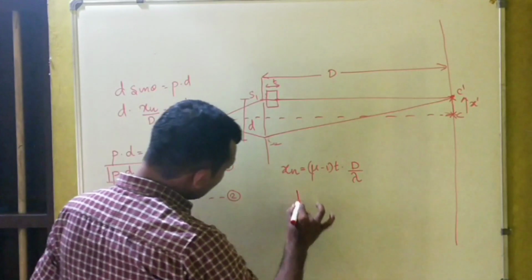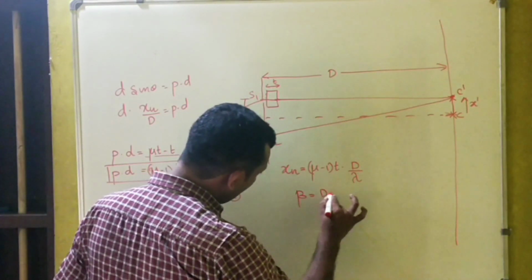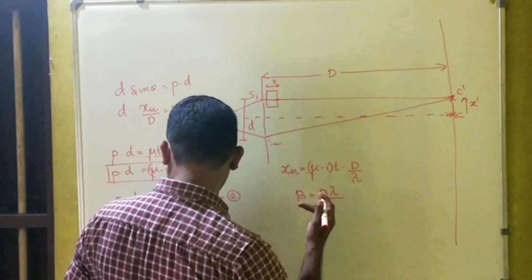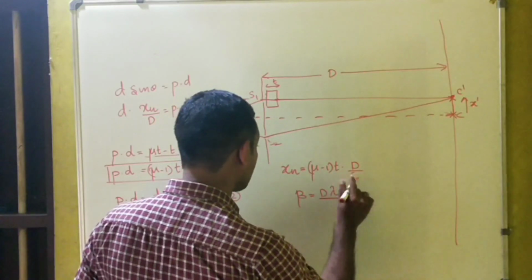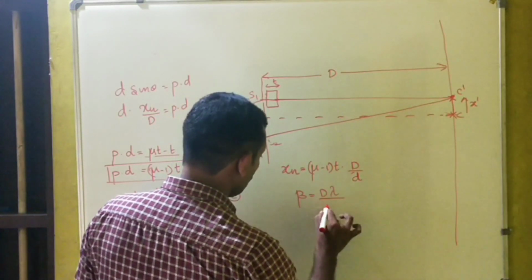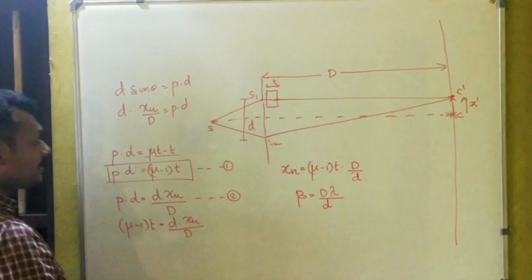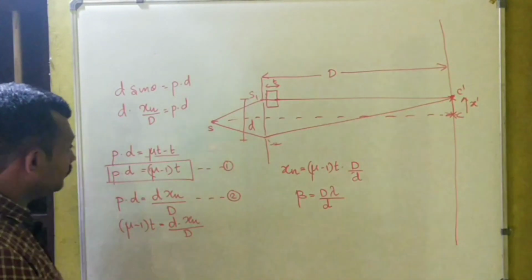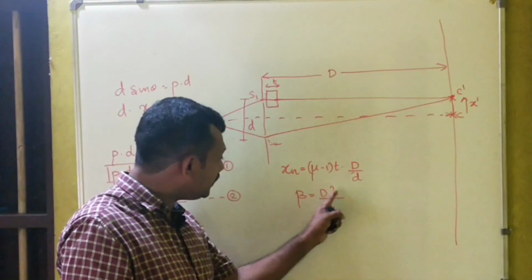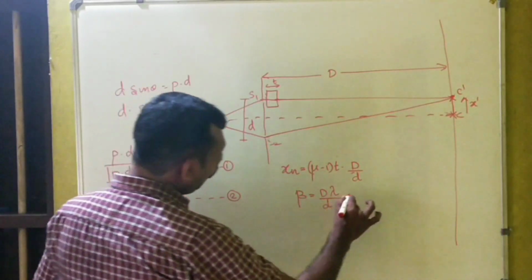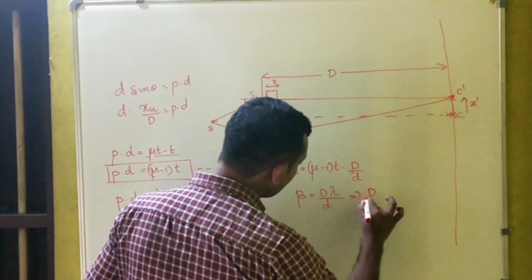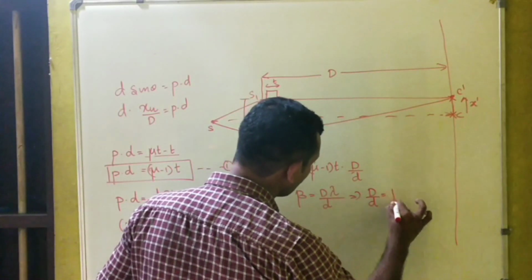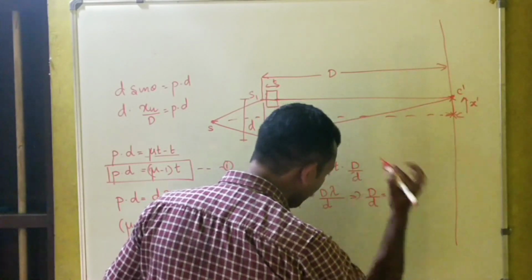What is the formula for beta? Beta is equal to D lambda divided by small d. That is the expression for beta, right? Beta is equal to capital D lambda divided by small d, which gives capital D divided by small d is equal to beta divided by lambda.